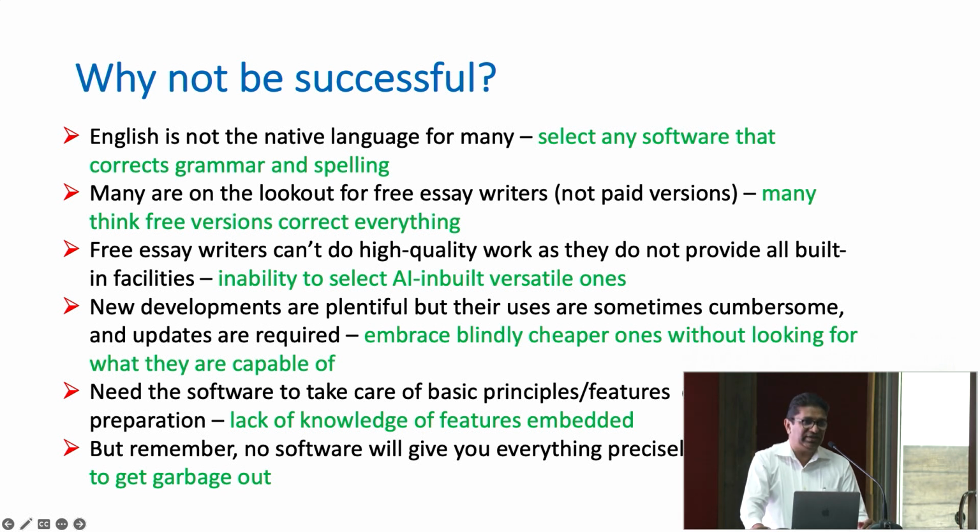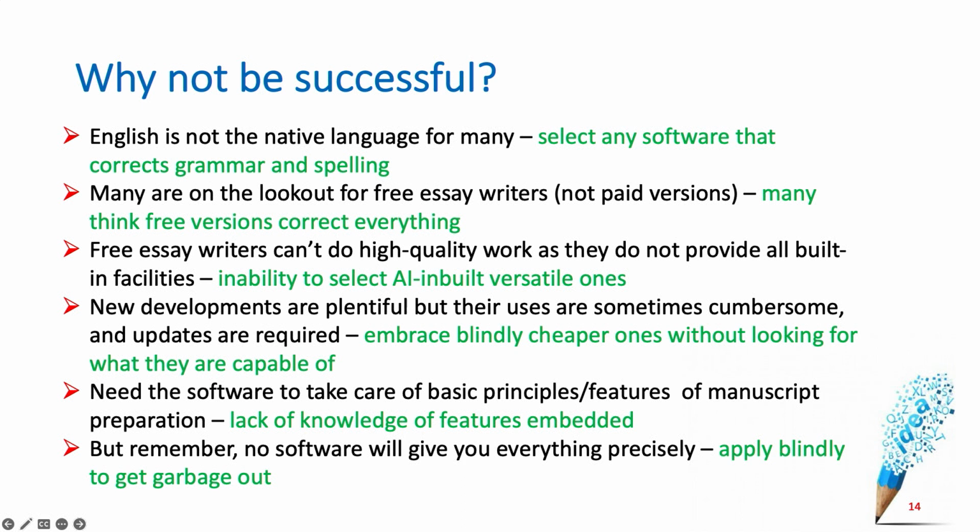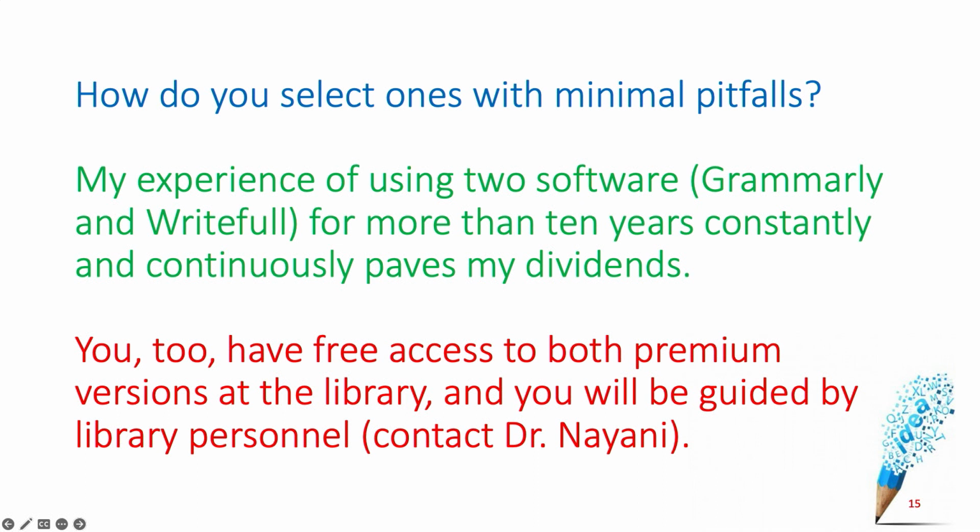No software in the world can give you anything perfect, right? So therefore, correction by Grammarly or any other software, you have to do one by one, and then you need to make sure what you accept is right or not. So therefore, there is an element of doubt involved in selecting the answer as well.